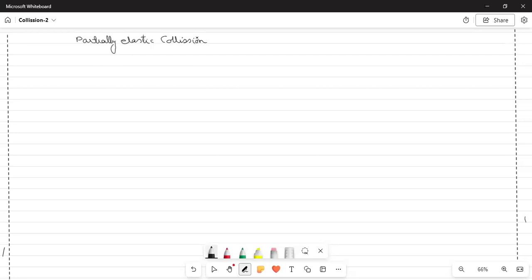We have seen in fully elastic or perfectly elastic condition, what happens? There are two bodies, M1, M2, and they move.